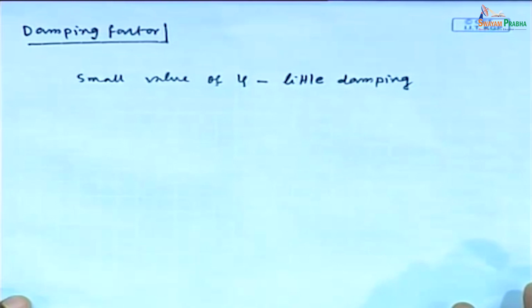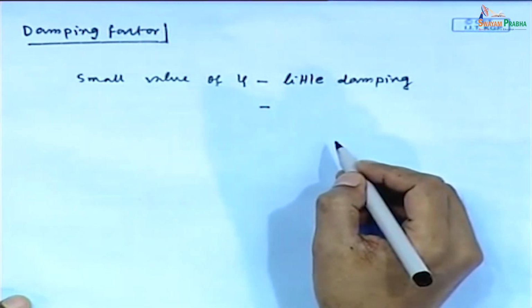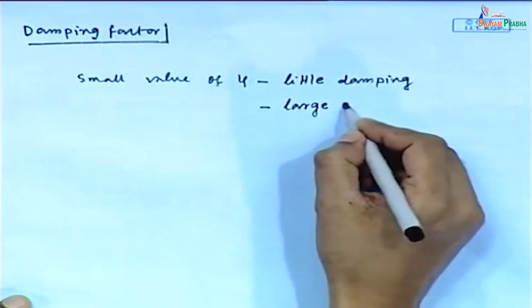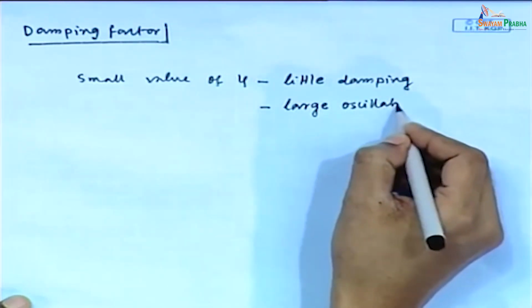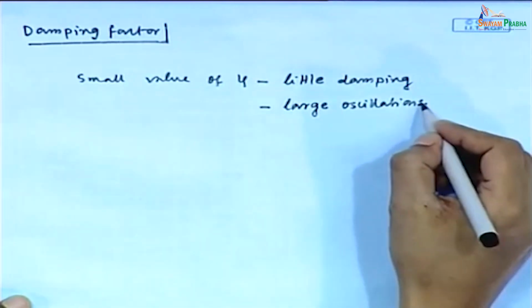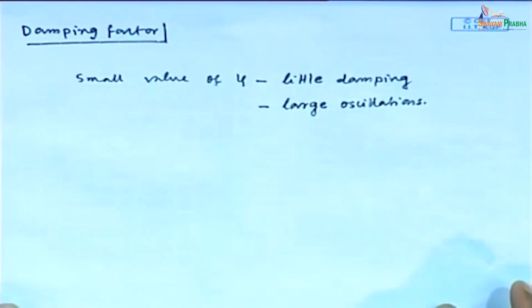Small value of zeta implies little damping, but a large amount of oscillation.